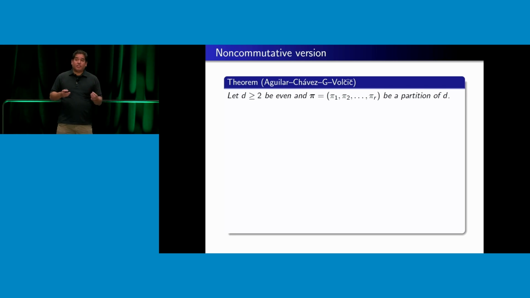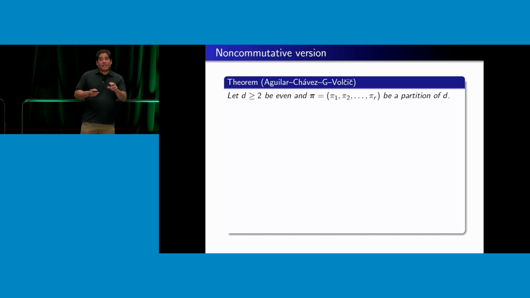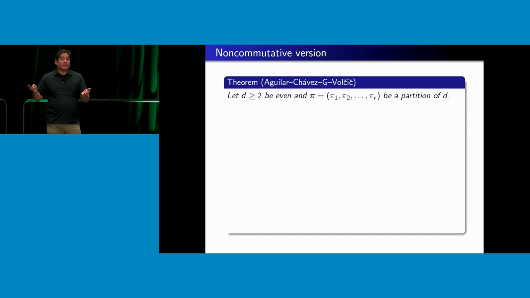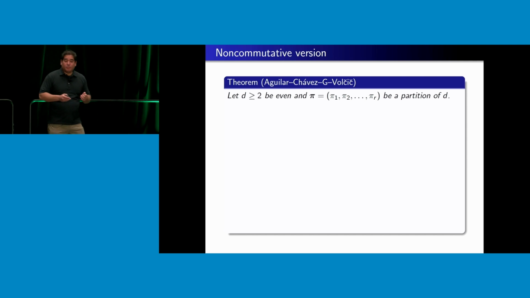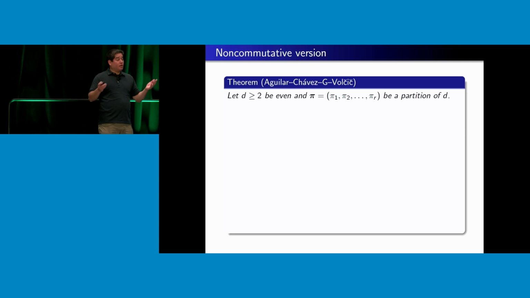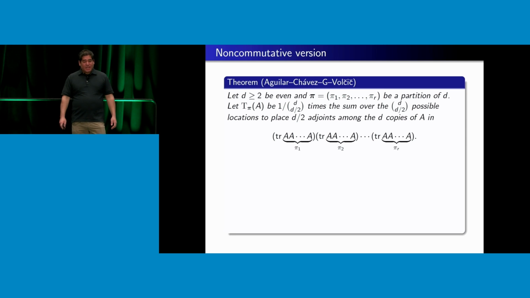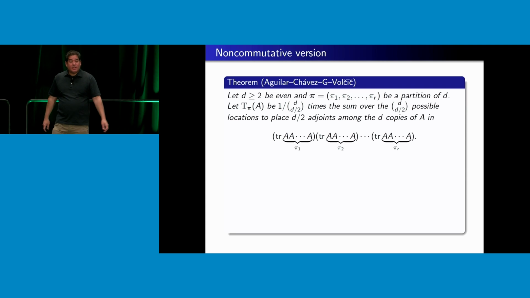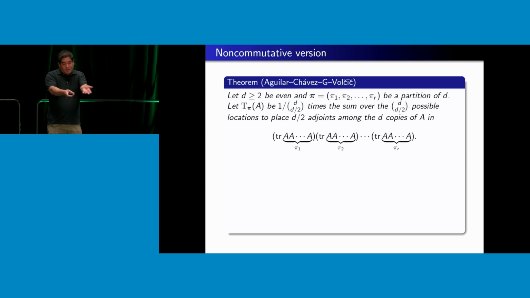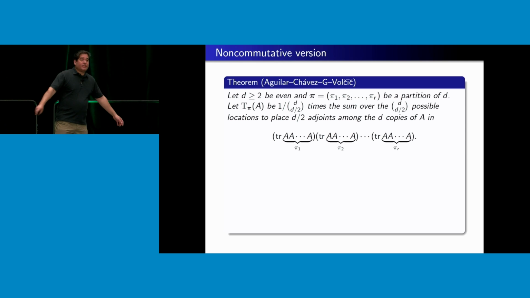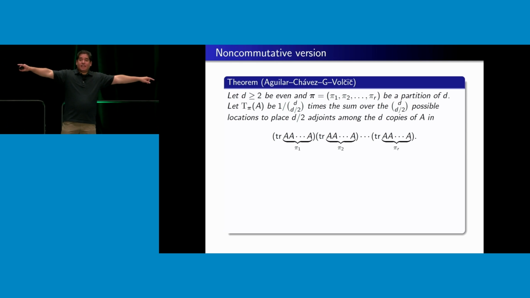By a partition of d, I just mean that the entries of pi, pi 1, pi 2, etc., have to sum up to d, right? So it's a way of breaking d down as a sum of smaller natural numbers. Pi for partition. Okay, let me talk you through what these words are. So imagine d is kind of large, like here it's somewhat more than 15. You write down d A's in a row.